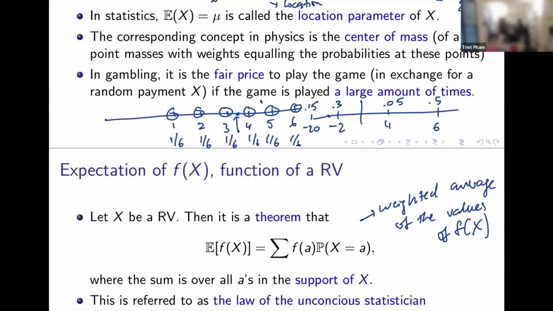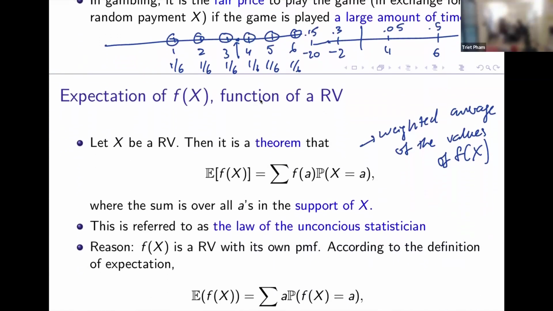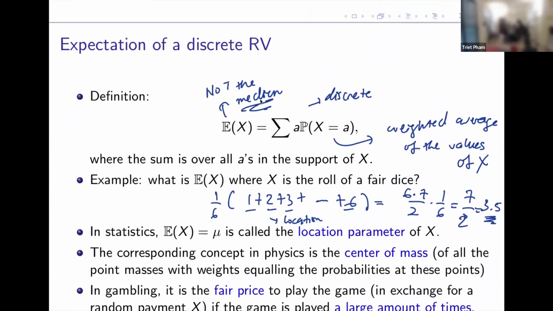What is the thing that is not obvious about this form? So what's not obvious is that this actually does not follow the definition of the expectation of a random variable.